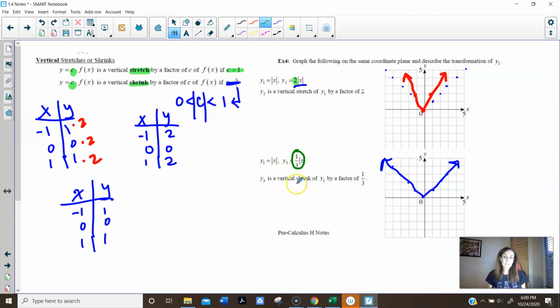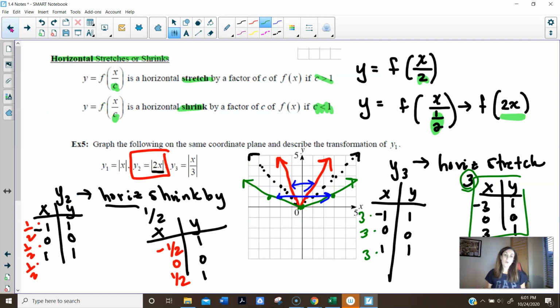Notice that it's a shrink by a factor of the exact number. So I would take the y values and multiply them by a third. Now I wanted you to notice, if we go back to the horizontal, I took the x values and multiplied them by the reciprocal.